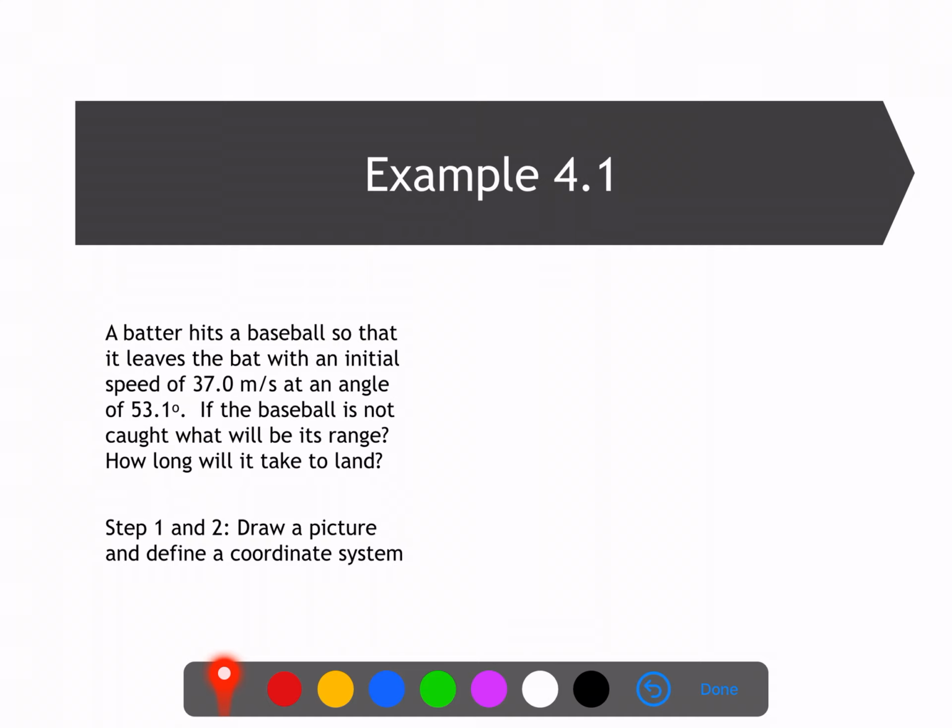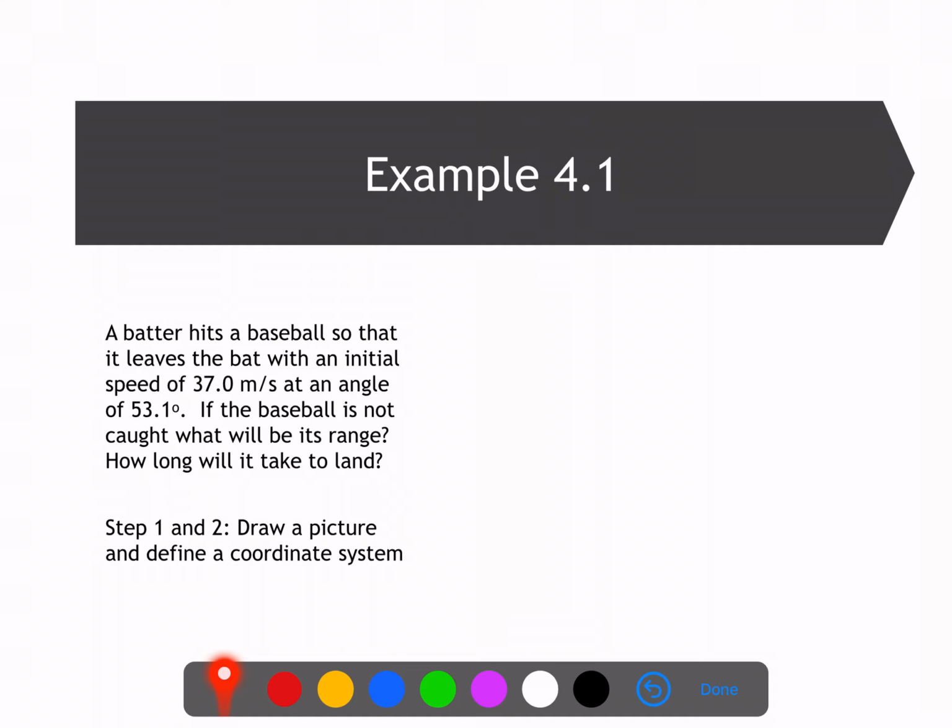These are things, by the way, that outfielders may be mentally calculating, even though they're obviously not doing the equations like we are doing. In order to judge where they need to be at a certain time, they have to have some sort of gauge of how far the ball is going to go and how long it's going to take to land. So these are fundamental questions we're trying to answer here. So let's test our condition here. Can we use the range equation even?